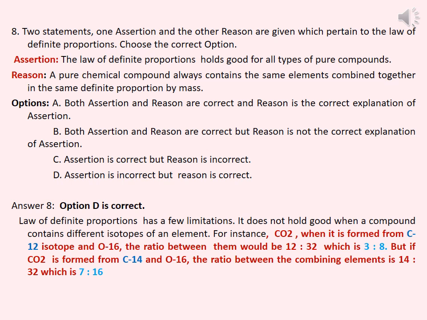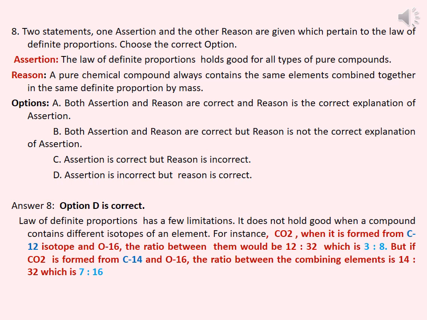The assertion statement: the law of definite proportions holds good for all types of pure compounds. Reason: a pure chemical compound always contains the same elements combined together in the same definite proportion by mass.